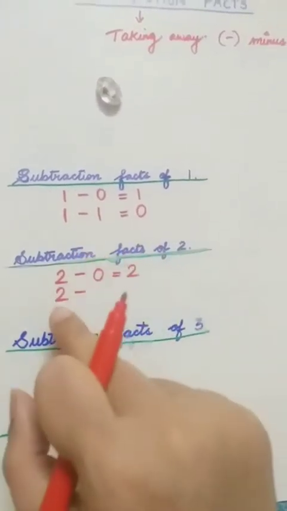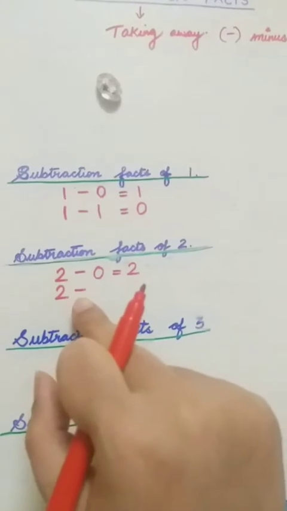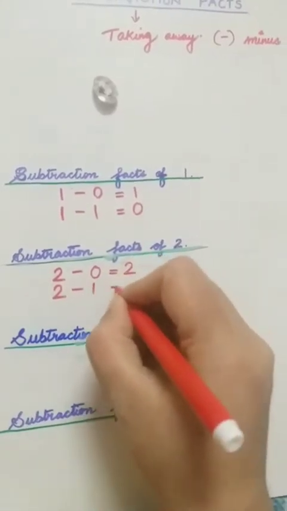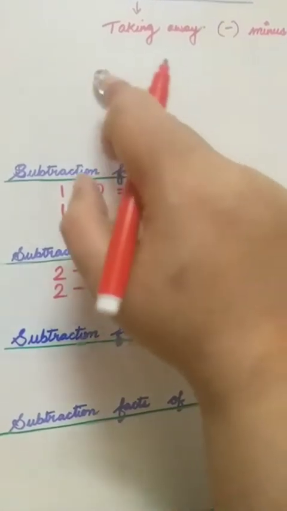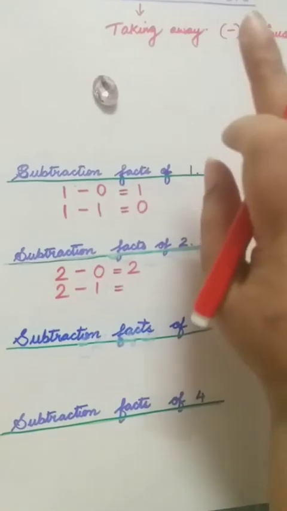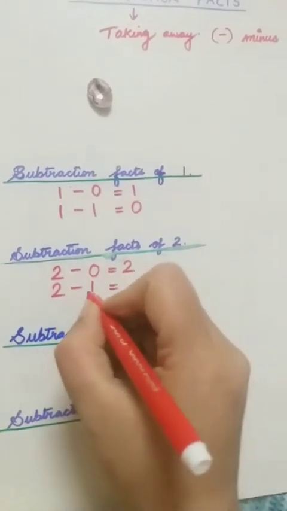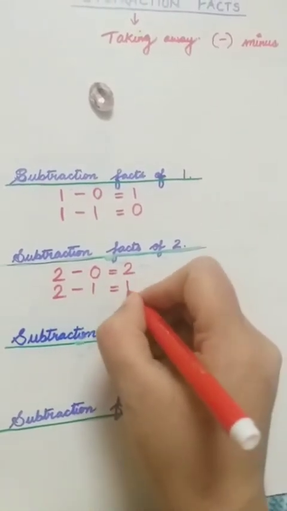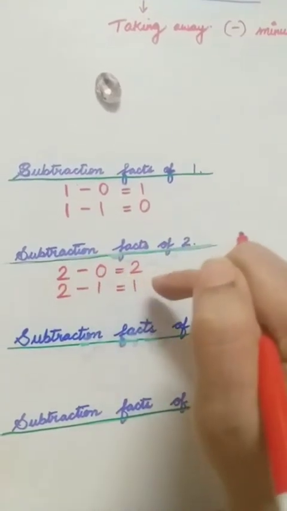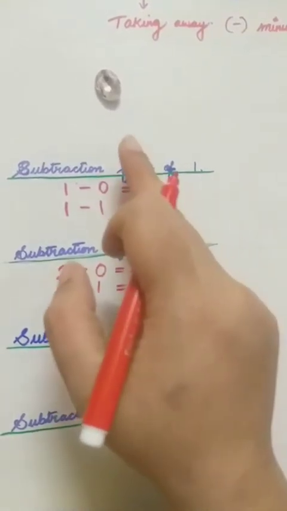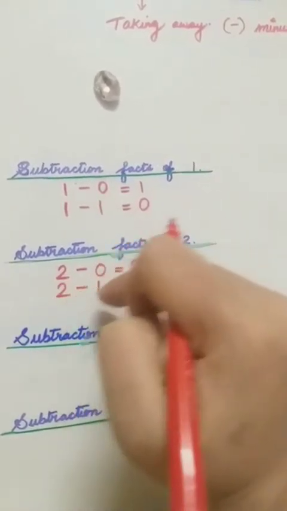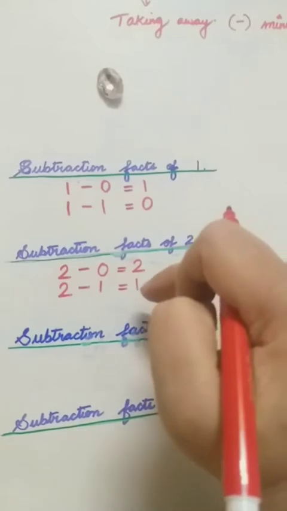So from 2 we have taken away how many? 1 is equal to, how many buttons are left over here now? 1. So 2 minus 1 is equal to 1. From 2, when we have taken away 1, only 1 is left. So now our second subtraction fact is also over.